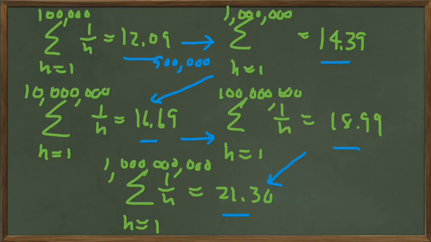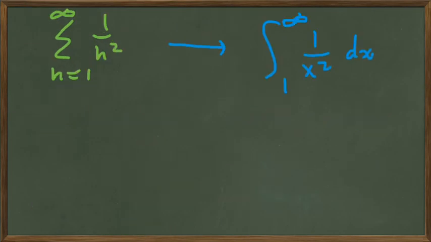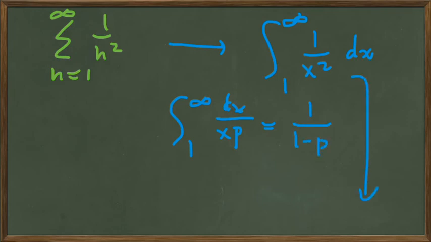So here, let's take a look at this convergence version. We know that the p integral from 1 to infinity of dx over x to the p, we proved in the last chapter, converges to 1 over p minus 1.